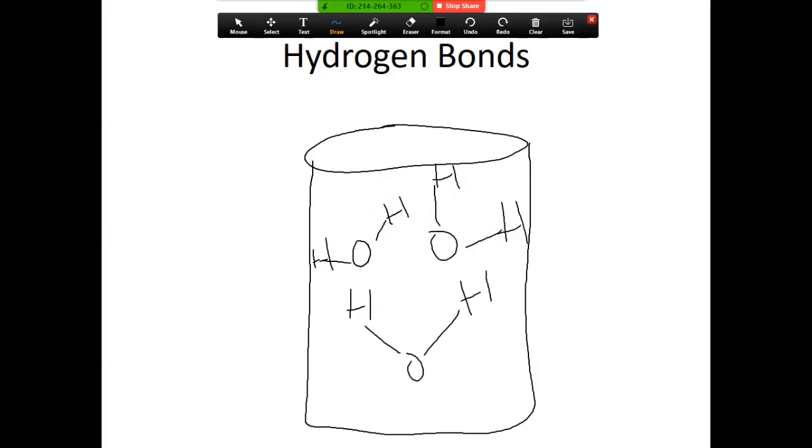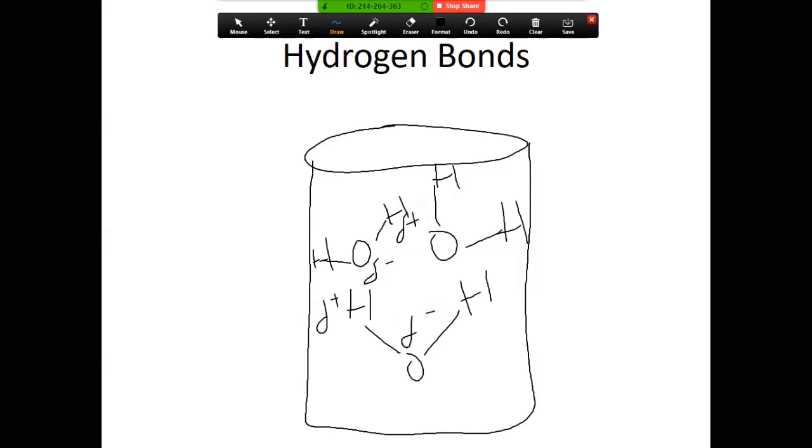And remember what we just got done talking about with the water? That every water molecule, since it's polar, is going to have these partial charges on it. Always the oxygen carries the partial negative and hydrogen carries the partial positive.